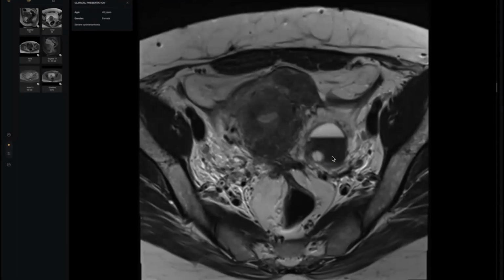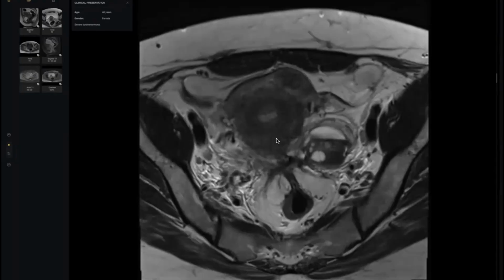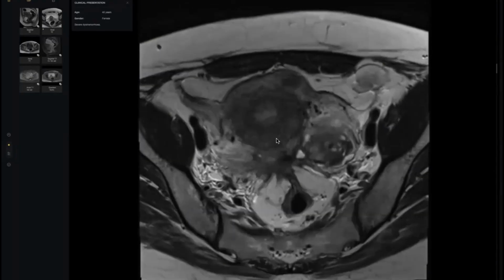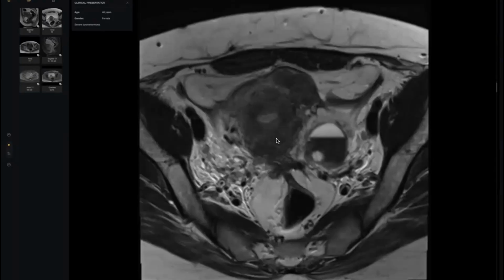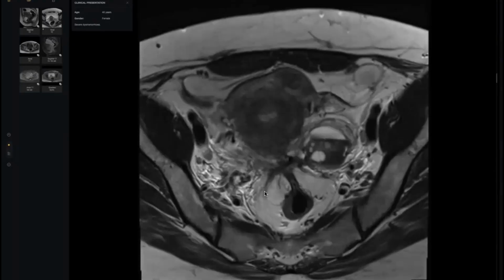Very dark. So you must expect endometrioma, especially with adenomyosis. If you look here, there is a fibrotic band, very large, between the rectum and the posterior wall of the uterus. Why? This is because of deep pelvic endometriosis.